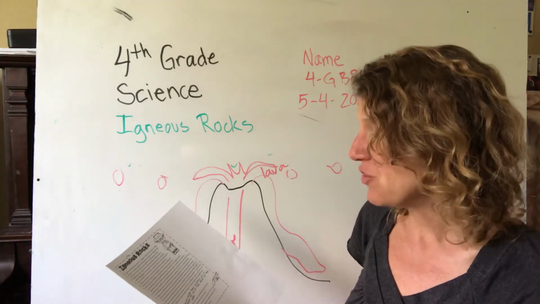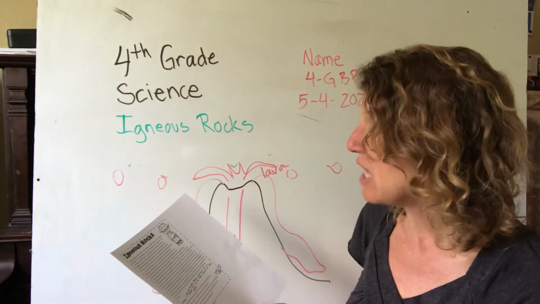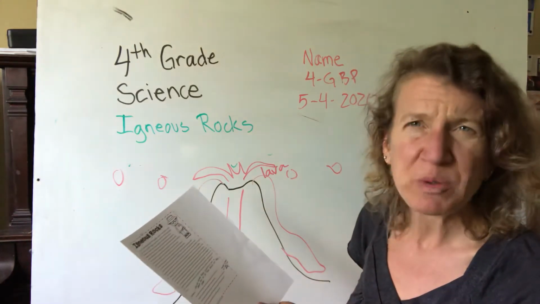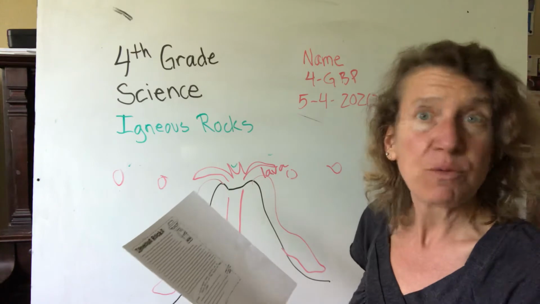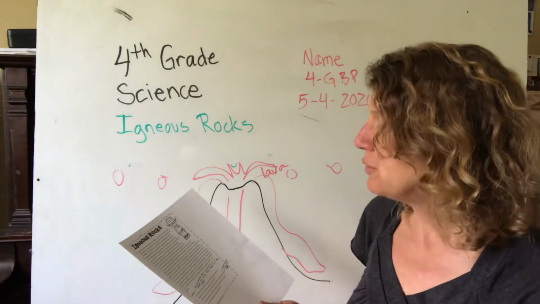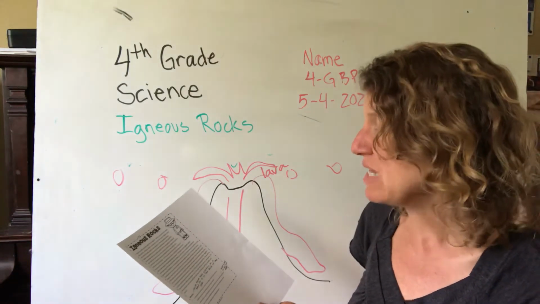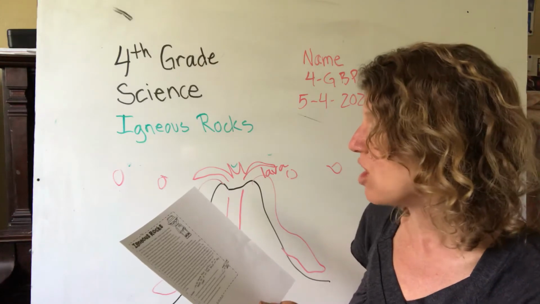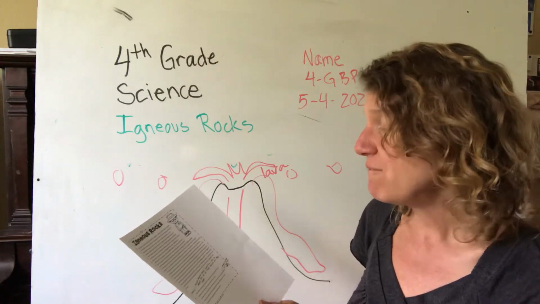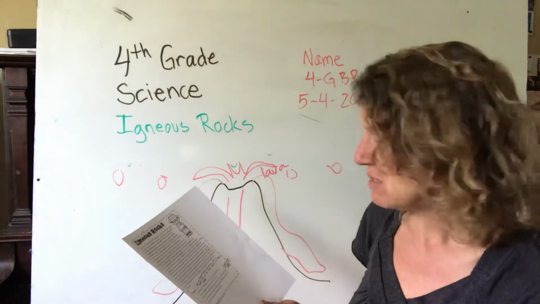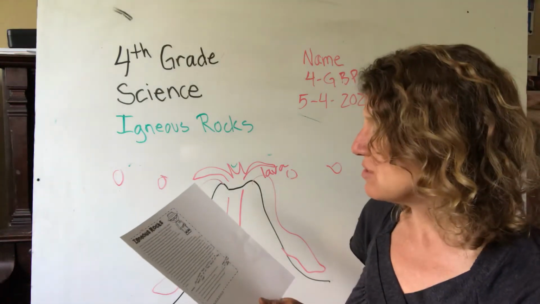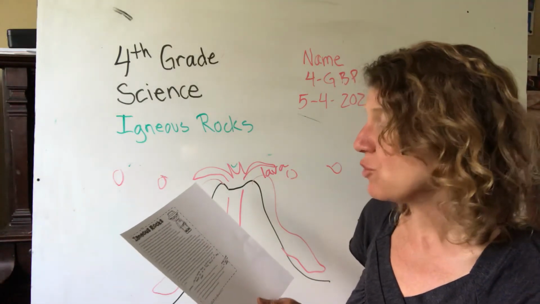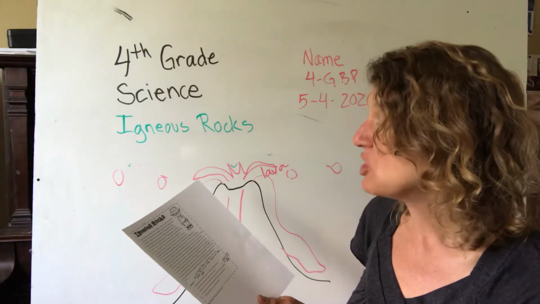The rock's texture and amount of crystals it contains gives geologists, those people who study Earth, study rocks, clues about volcanic actions beneath the ground and help them determine how long it took the magma to cool and form landforms like mountains.